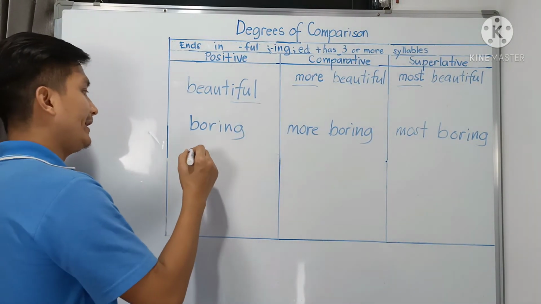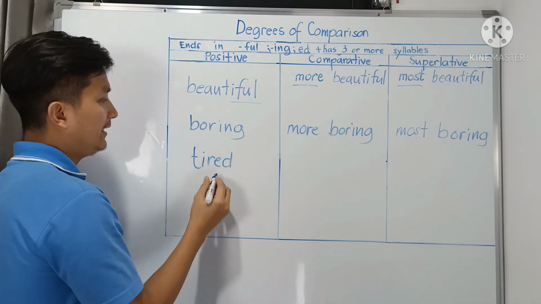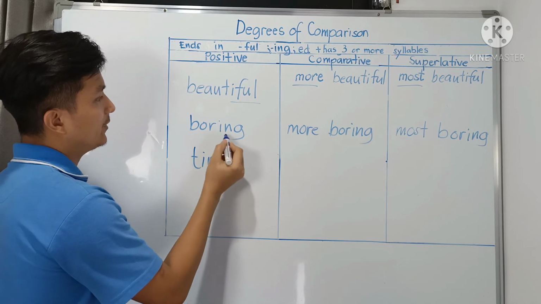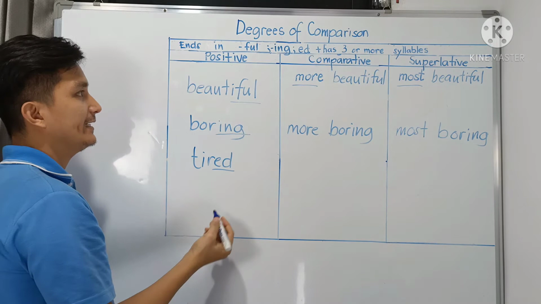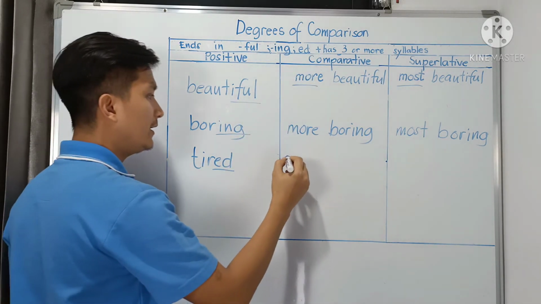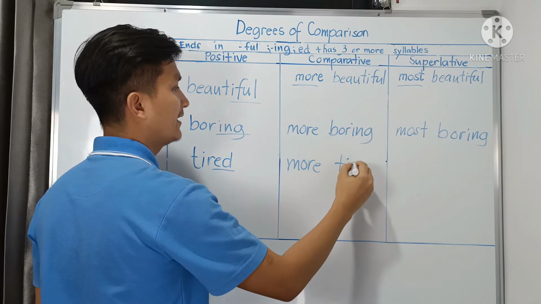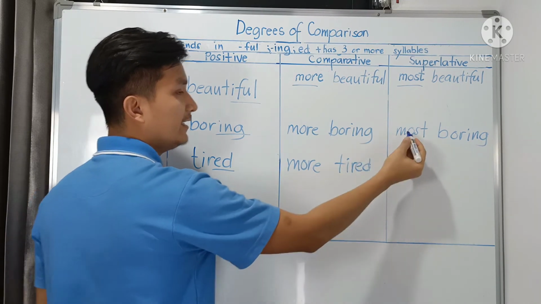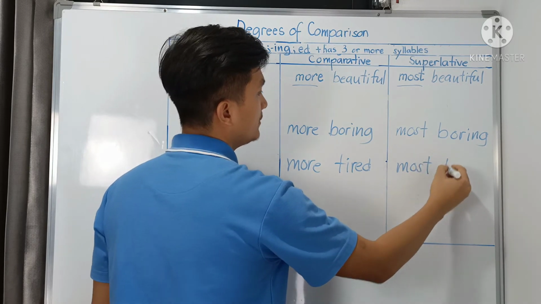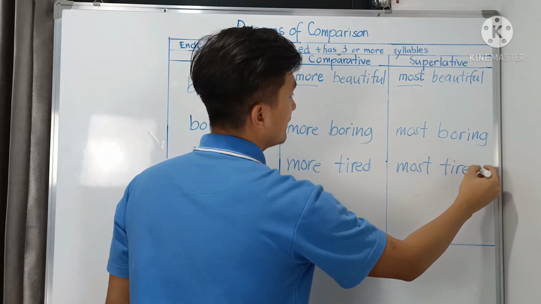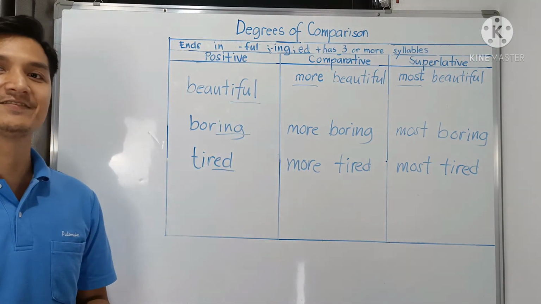We're going to use the word tired. It ends with ED, right? So we're going to write more tired. And here at superlative we're going to use most tired. Okay, students? It's very easy.